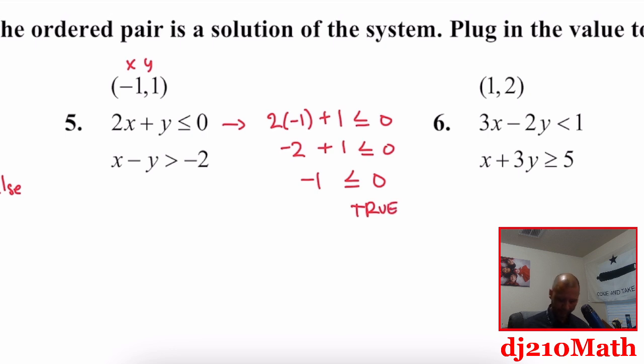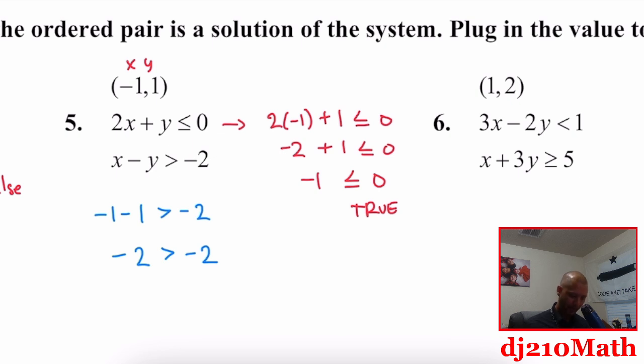So this isn't enough to say that this is a solution. We have to test the other equation. So negative 1 minus 1, is this greater than negative 2? Negative 1 minus 1 is going to be negative 2. Is negative 2 greater than negative 2?